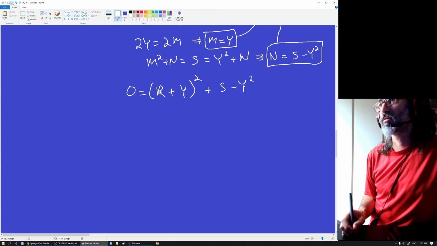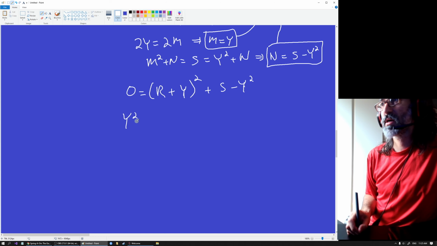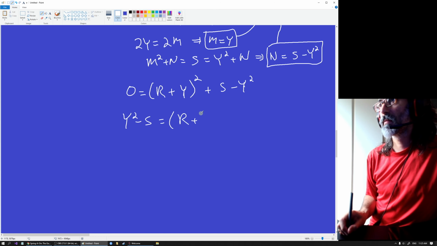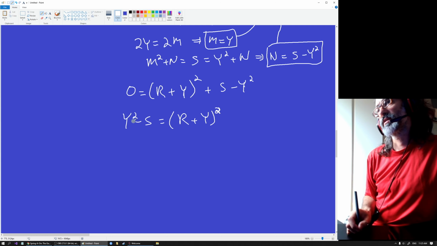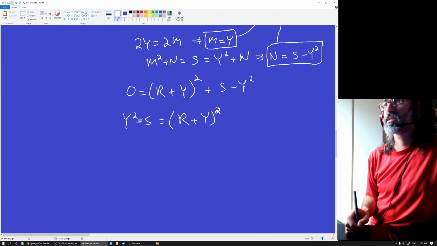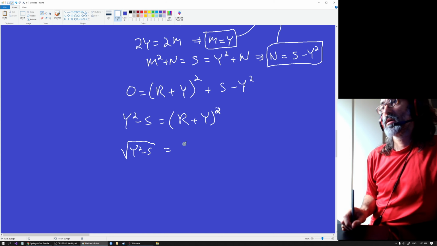So now I just solve for r. I'm going to bring this to the other side, so it's going to be y squared minus s equals this. And when you want to solve for a square like this, what are the values that give this? When you bring the square to the other side, what you need to do is take the square root: square root of y squared minus s equals r plus y.